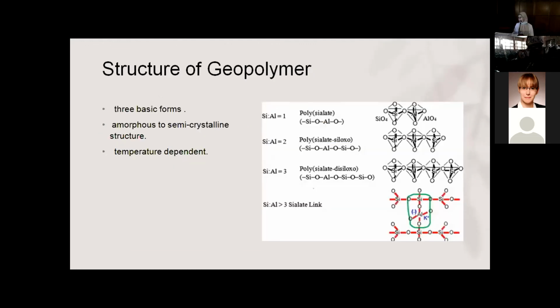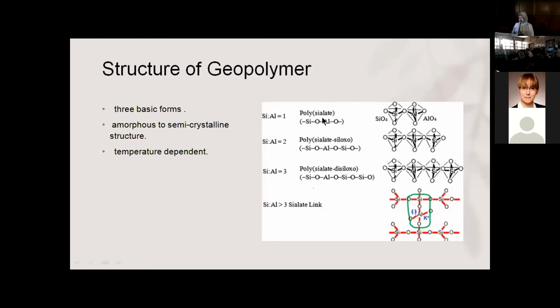Geopolymer has three basic forms, depending on the silicon to aluminum ratio, namely polysialate, polysialate-siloxo, and polysialate-disiloxo. This is the sialate group, Si-O-Al-O, and this is the siloxo group, Si-O.